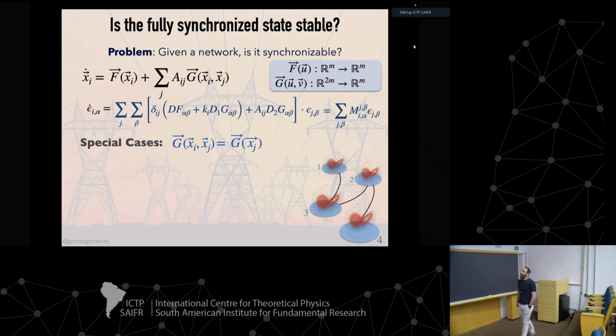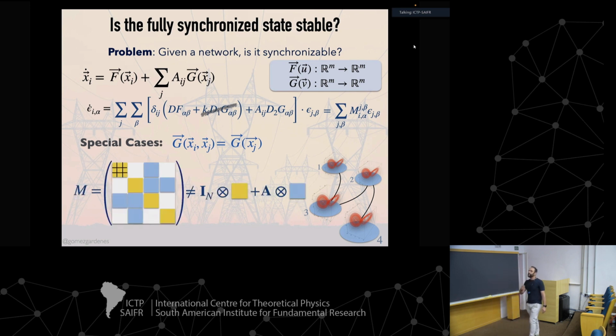In this case, obviously, all the derivatives of this interaction term with respect to the first variable are canceled, because the first variable does not enter in the form. Because the problem was located here, and this is 0, now yes, I can write this as a proper tensorial product, but only if we have this interaction function.